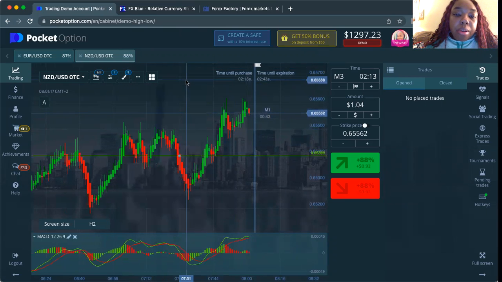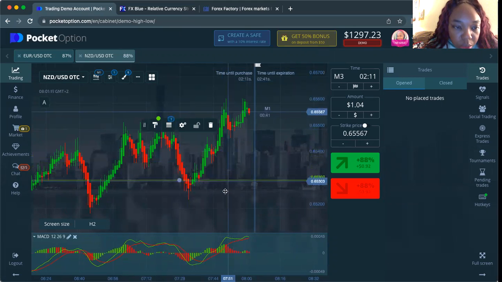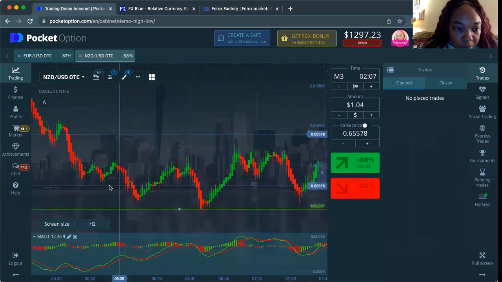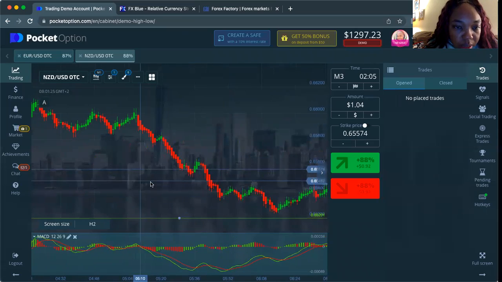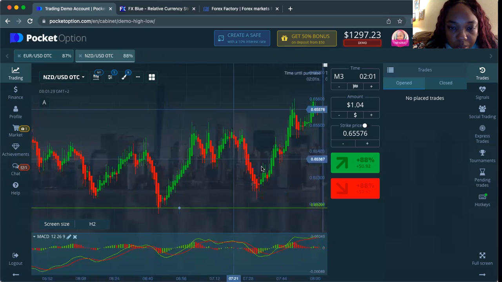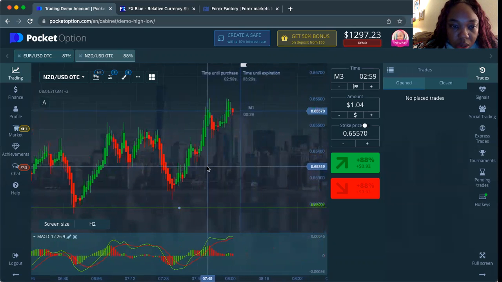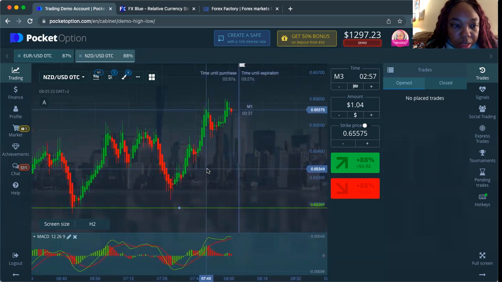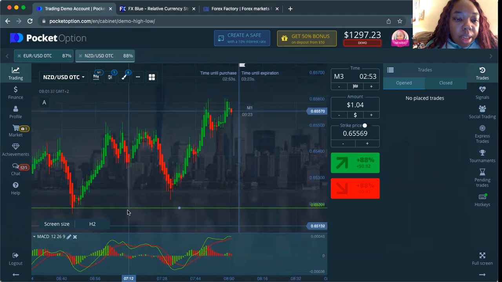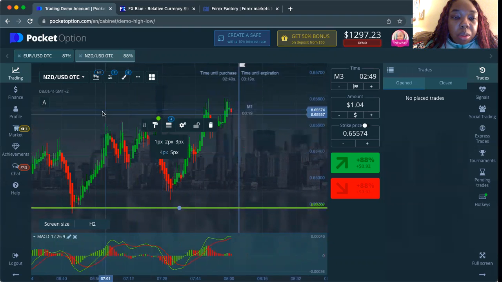I'm gonna go all the way to the bottom, toward the left side. I don't see too many areas where price had gone, but that still could be an important area regardless. So I'm gonna hit this to make it bolder.